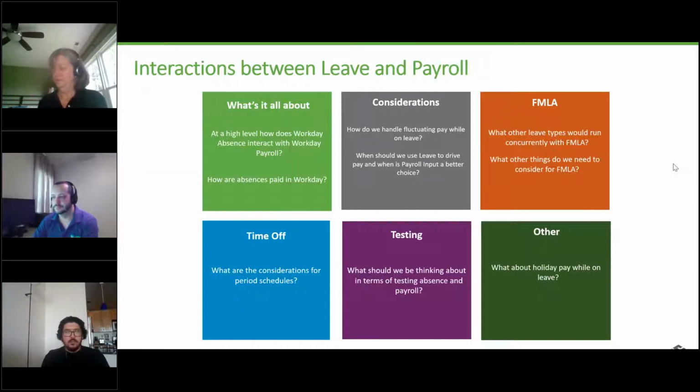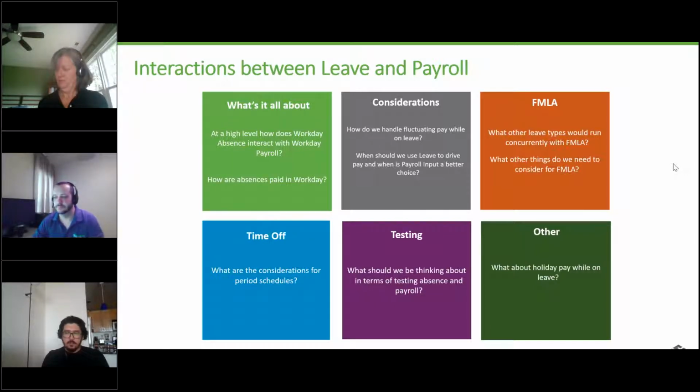For situations where the leave is paid at a consistent rate regardless of the situation or the circumstance, you can get away with one single leave type to drive a fixed rate of pay for the duration that that worker's on leave. But for those scenarios where it truly fluctuates and varies, you'll possibly need multiple leave types.